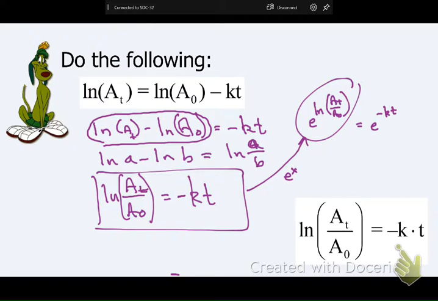Log and antilog cancel, right? So this will cancel out like this. And so I'm going to have A_t over A_0 is equal to e to the minus kt. And then that usually gets rearranged into this form. So that's another important equation that you need to be familiar with.